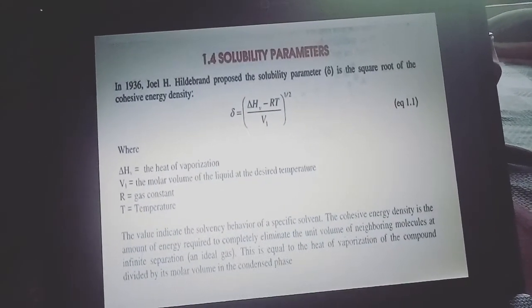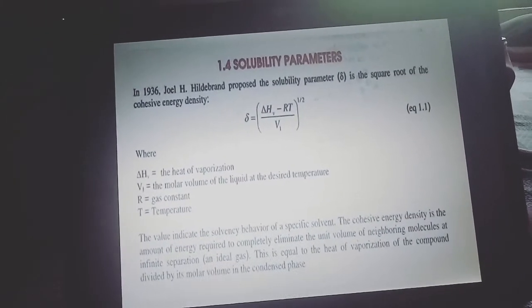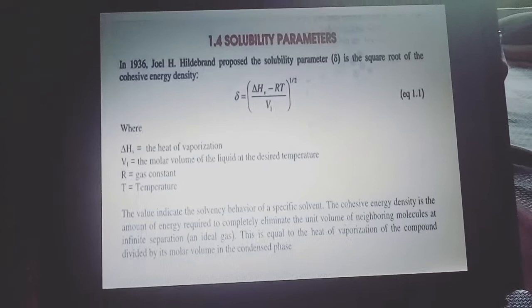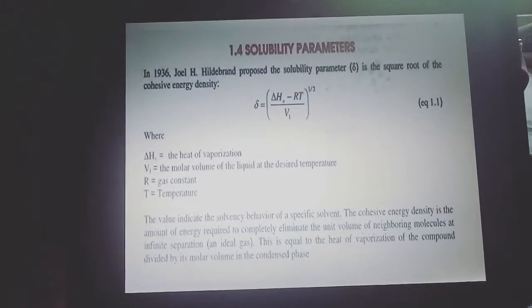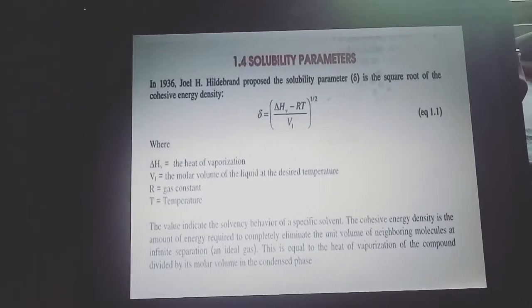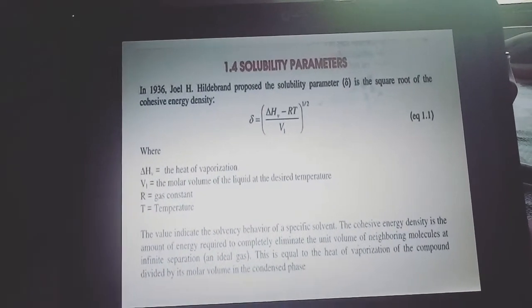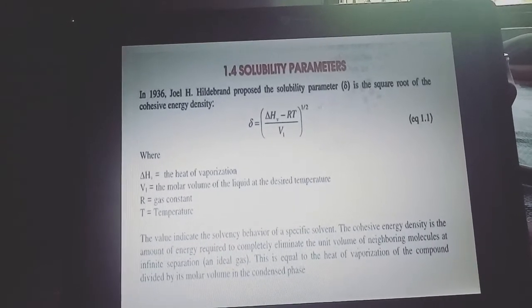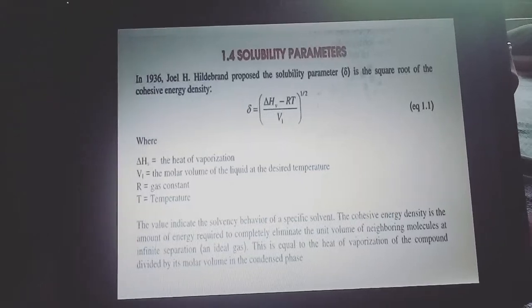Here delta H is equal to the heat of vaporization, R is the gas constant, T is temperature and V is the molar volume of the liquid at the desired temperature. This is the equation of the solubility parameter. The value indicates the solvency behavior of the specific solvent.